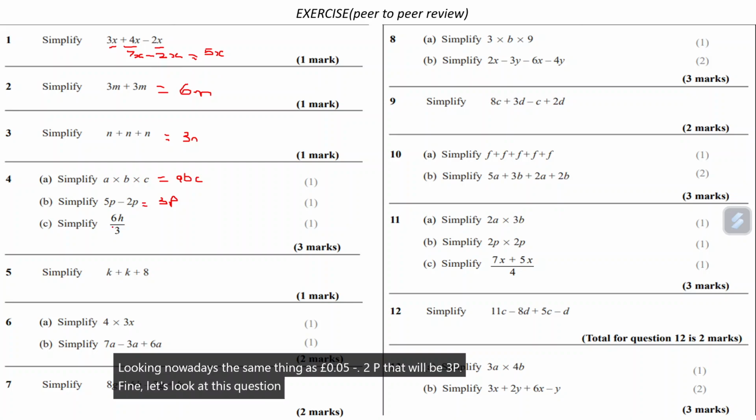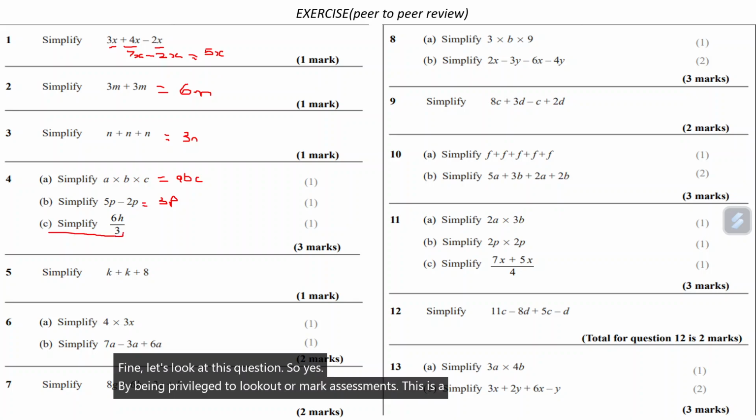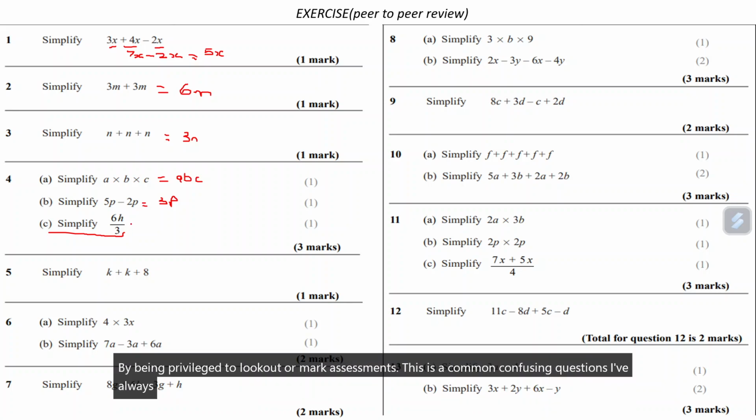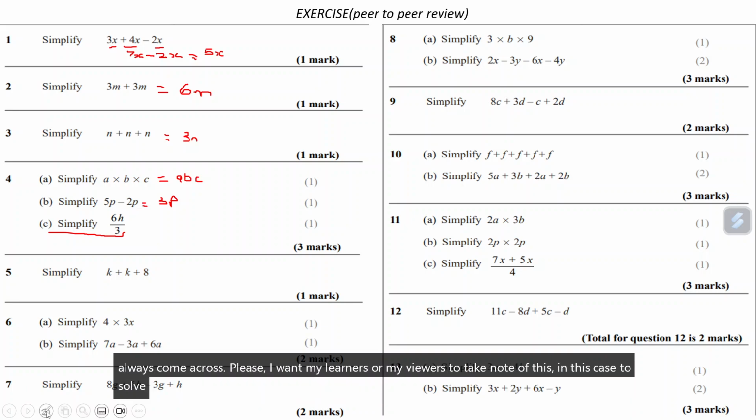So yes, by being privileged to look at or mark assessments, this is a commonly confusing question I've always come across. Please, I would want my learners or my viewers to take note of this.